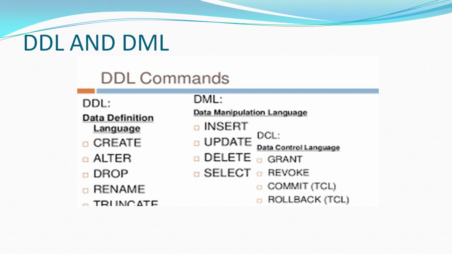So, data definition language includes creating a database, altering a database structure, or deleting or dropping a database which is no more required, or to rename, to change the name of a database. Those all include our data definition language.